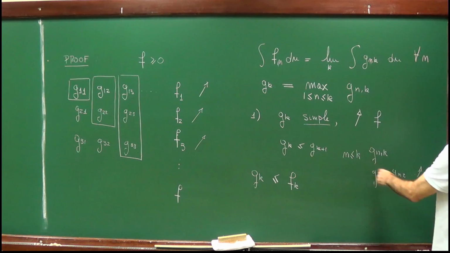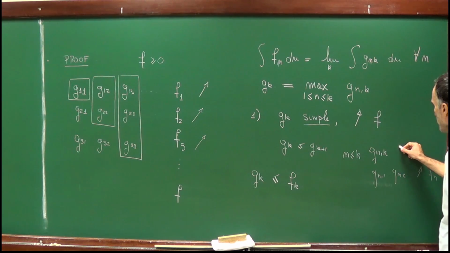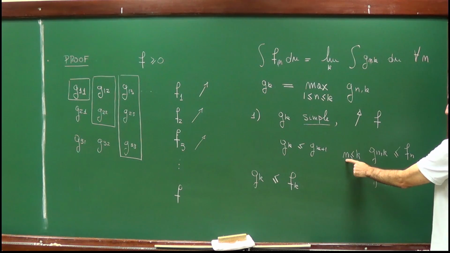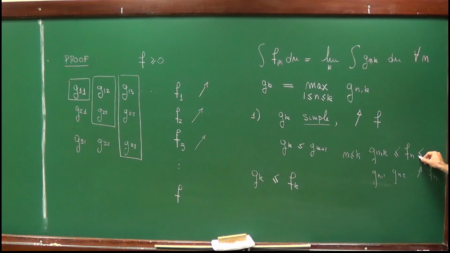So this means that for any fixed n smaller than k, g_{n,k} is less than or equal to f_n. But the sequence f_n is monotone. This means that since n is less than or equal to k, f_n is less than or equal to f_k.